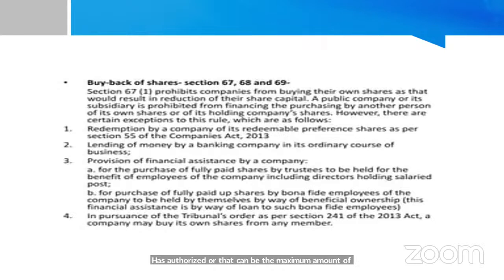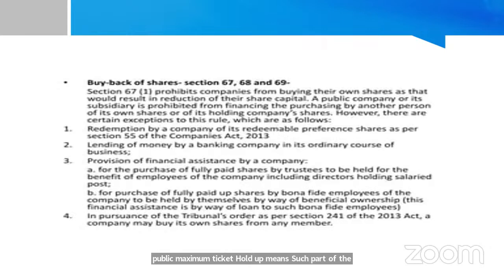That is the authorized capital, which is also known as the nominal capital. That is the maximum amount of share capital which a company can issue or raise from the general public, maximum. Okay. Called up means such part of the capital which has been called for payment.